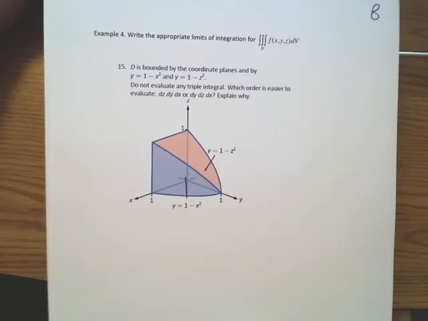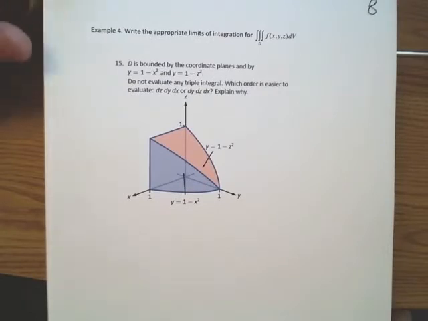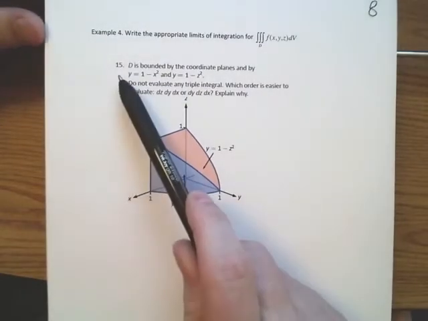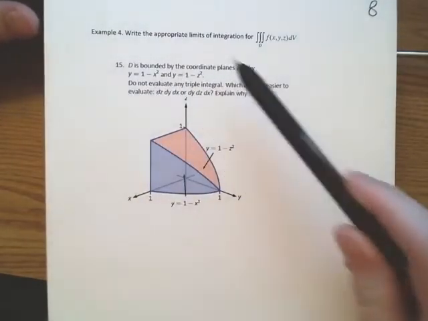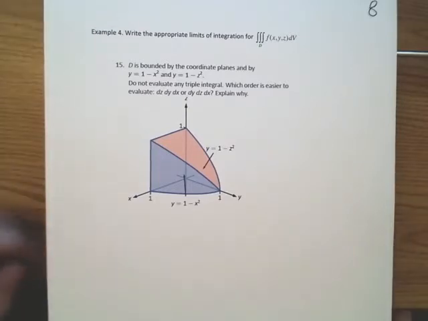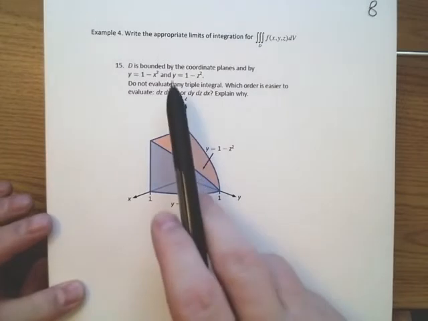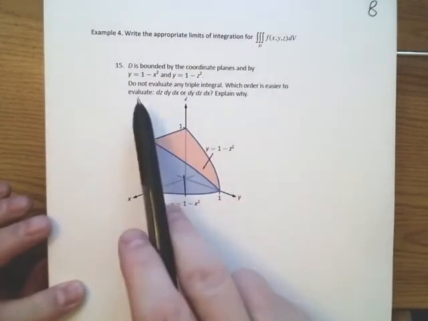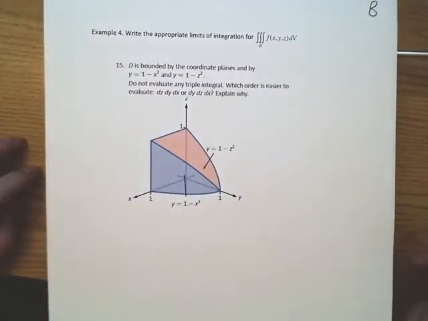Okay, let's do another example here. I'm calling this example 4, but it's essentially problem number 15 from your book. Write the appropriate limits of integration for the triple integral over the solid D of f of x, y, z dV. Let's describe the solid D. D is this solid bounded by the coordinate planes and by y equals 1 minus x squared and y equals 1 minus z squared.